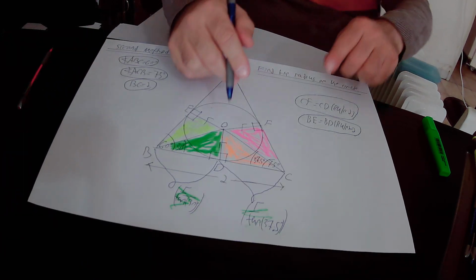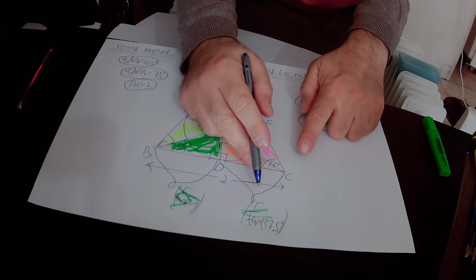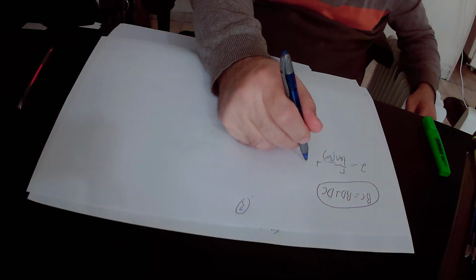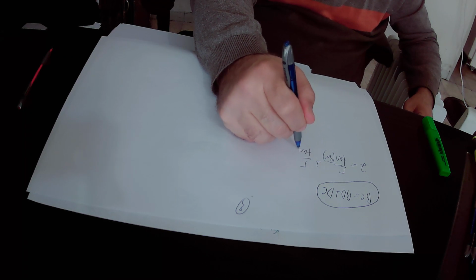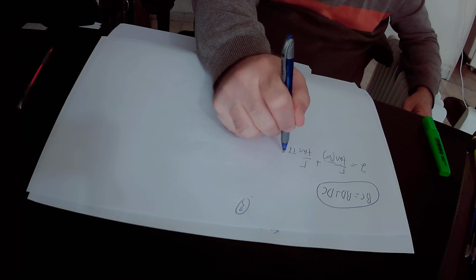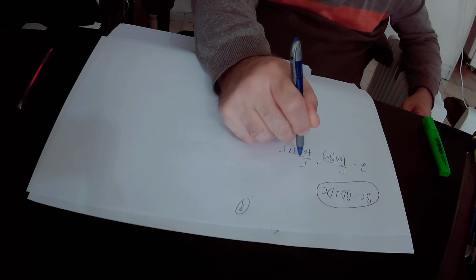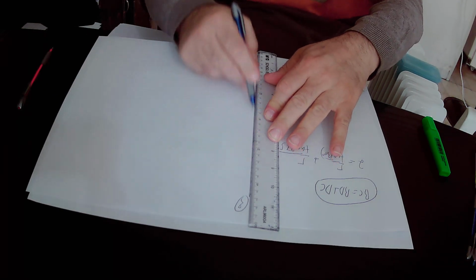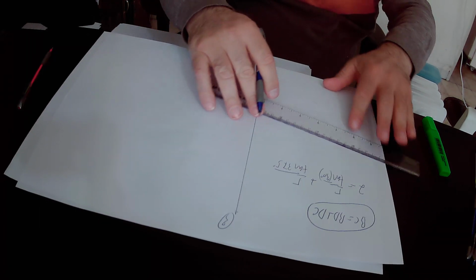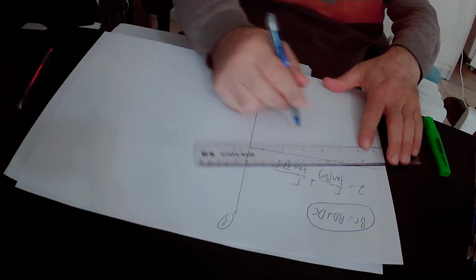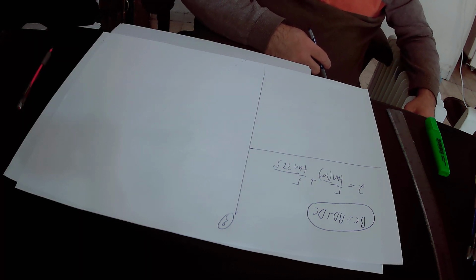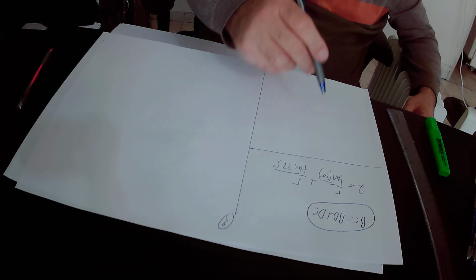DC equals R over tangent 37.5 degrees. In conclusion, we found that 2 equals R over tangent 30 degrees plus R over tangent 37.5 degrees.